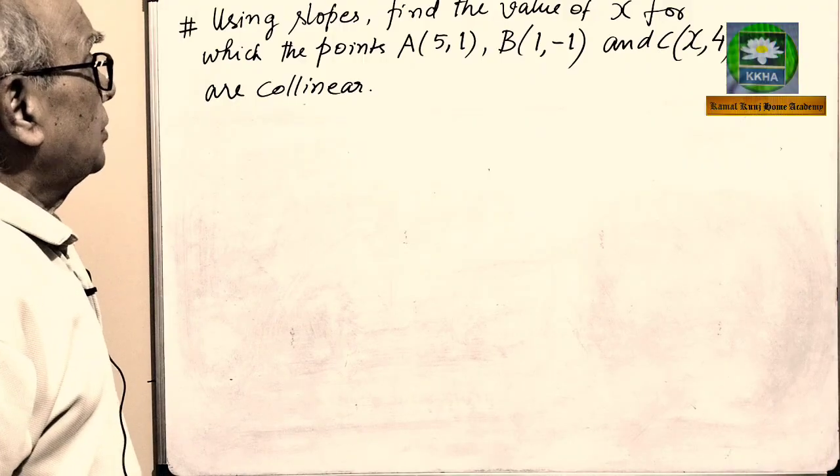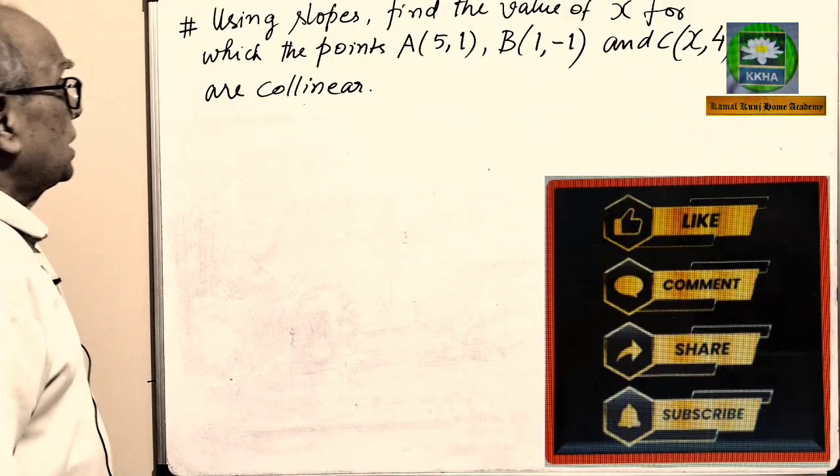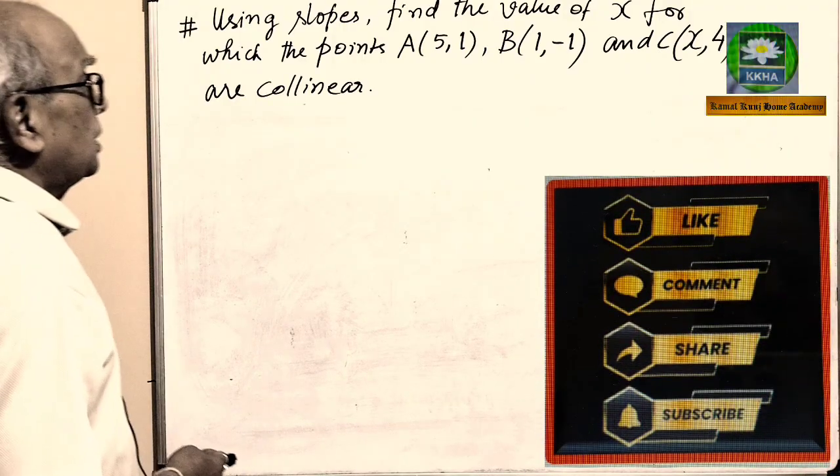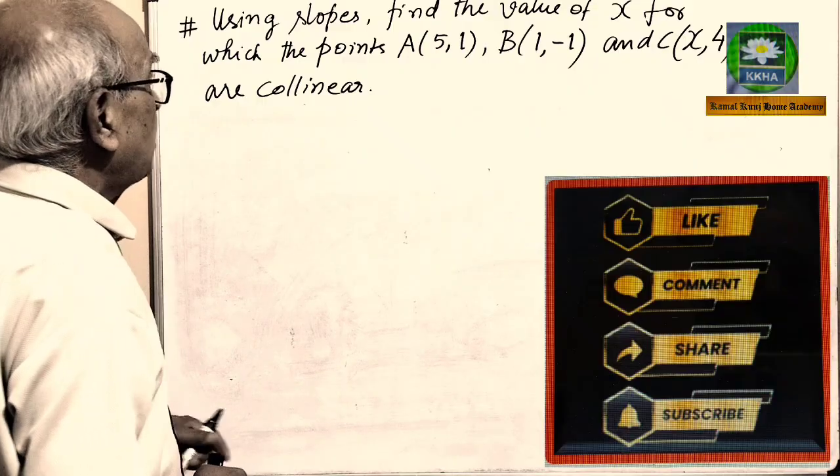Using slope, find the value of x for which the points A, B and C are collinear.